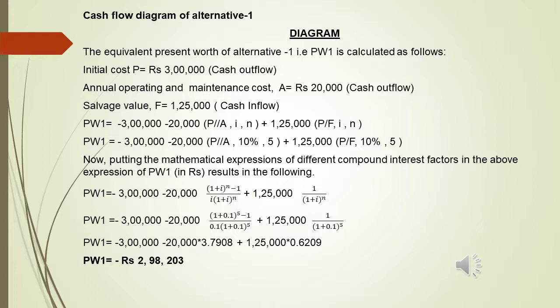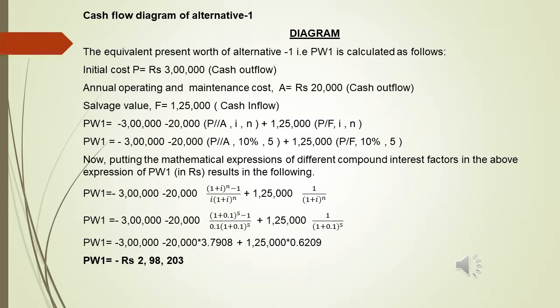The initial cost, annual operating and maintenance cost, and salvage value, everything you have to draw in the cash flow diagram. So PW1 will be minus 3 lakh, minus 20,000 into P/A, i, n, plus 1,25,000 into P/F, i, n.